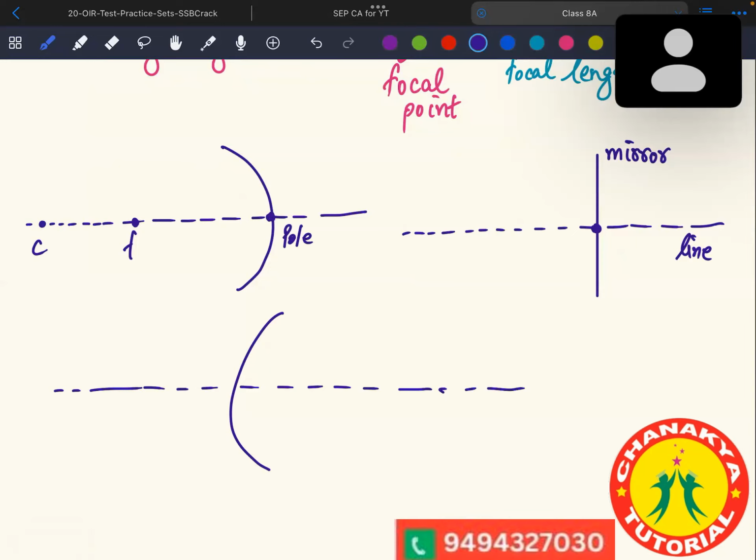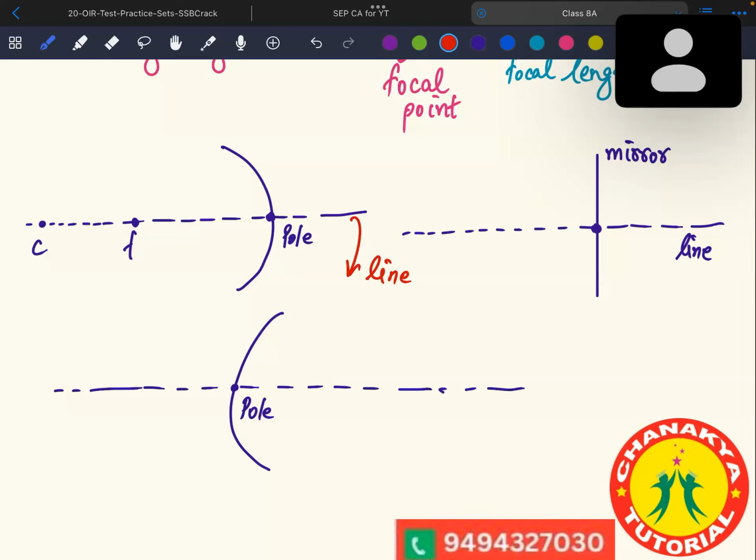So our sign convention on the concave and convex mirror is always written with respect to this line.